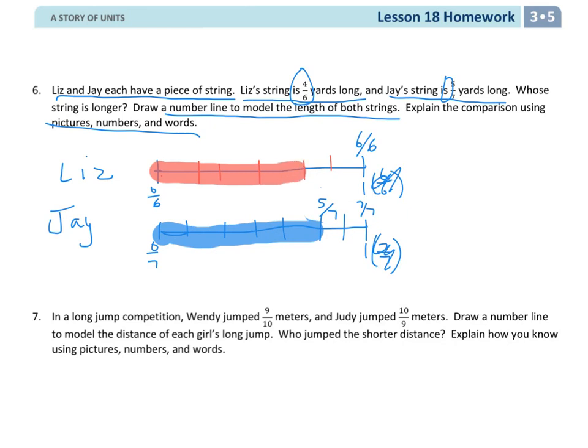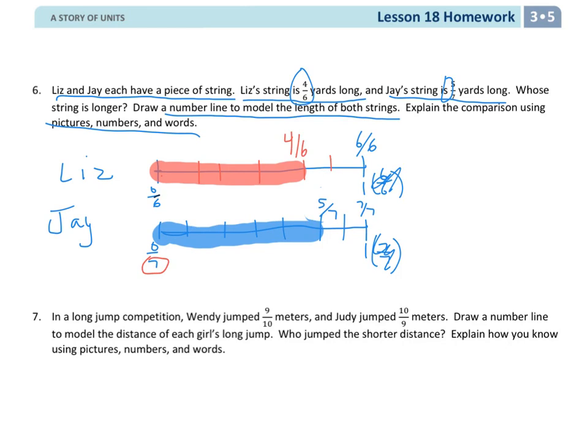Now, just from the drawing, I can see who's got a longer string, but that could also be because of my drawing skills. I have to use reasoning here to help me out with this one. I know that the bigger the denominator, or the higher number for units, like 7, means the pieces are going to be a little bit smaller.